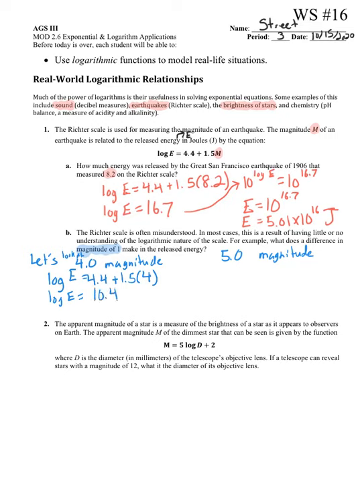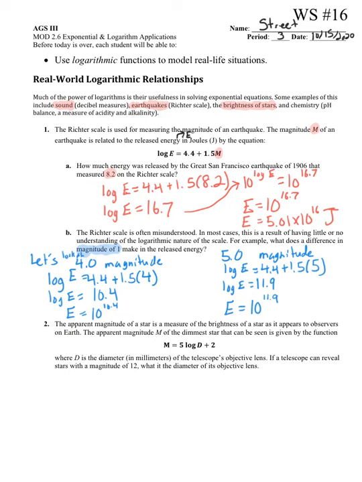And then we take a base 10 of both sides to get rid of that logarithm. So it's 10 to the 10.4 power is our energy. If I did the 5.0, same idea. And this time I end up getting 11.9, and my E is going to be 10 to the 11.9 power.